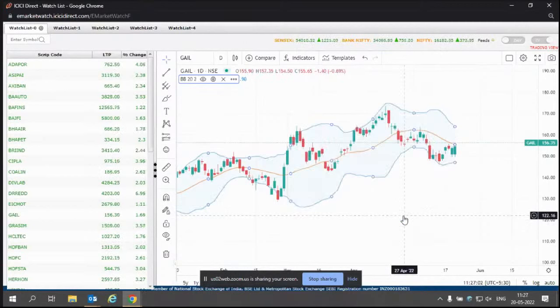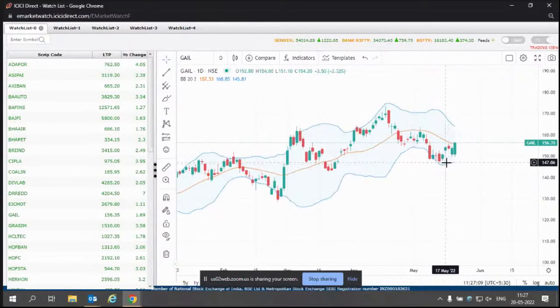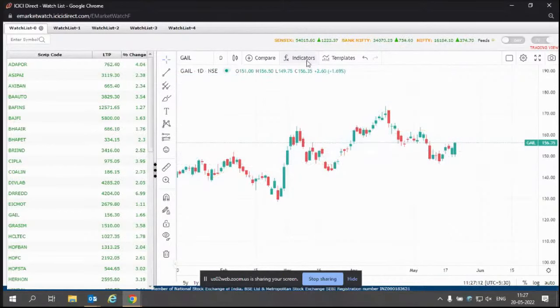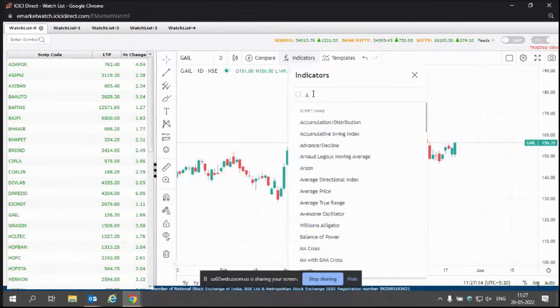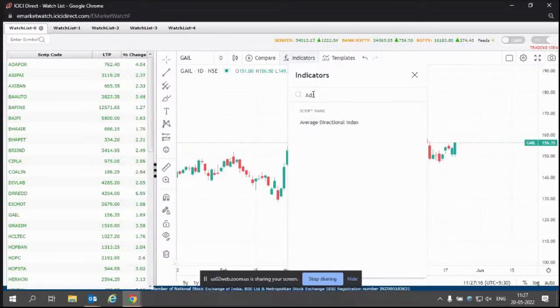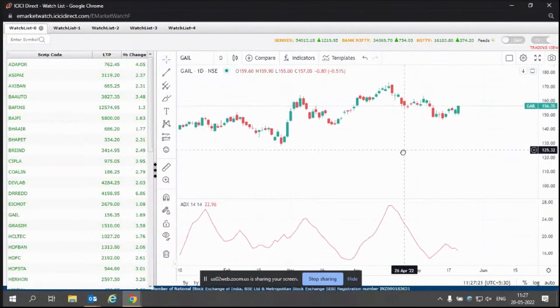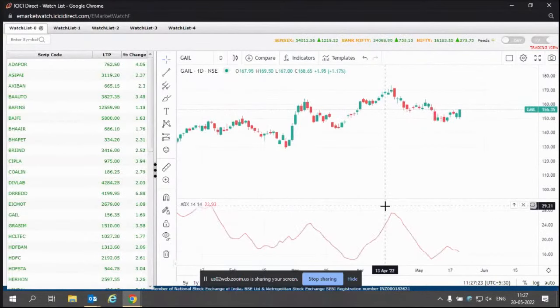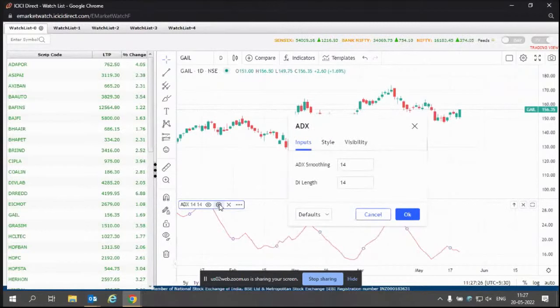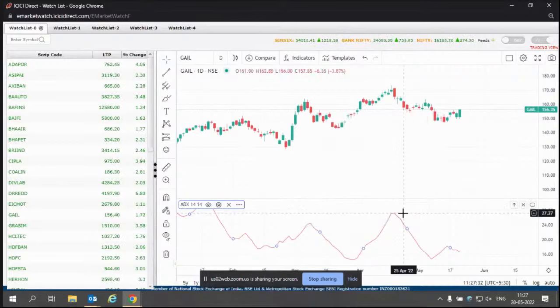Now the next indicator is the ADX indicator, the average directional movement index. Can you go there? ADX. Yeah. Now, what is ADX described to be? ADX is average directional movement and can be used to help understand the overall strength of the trend.